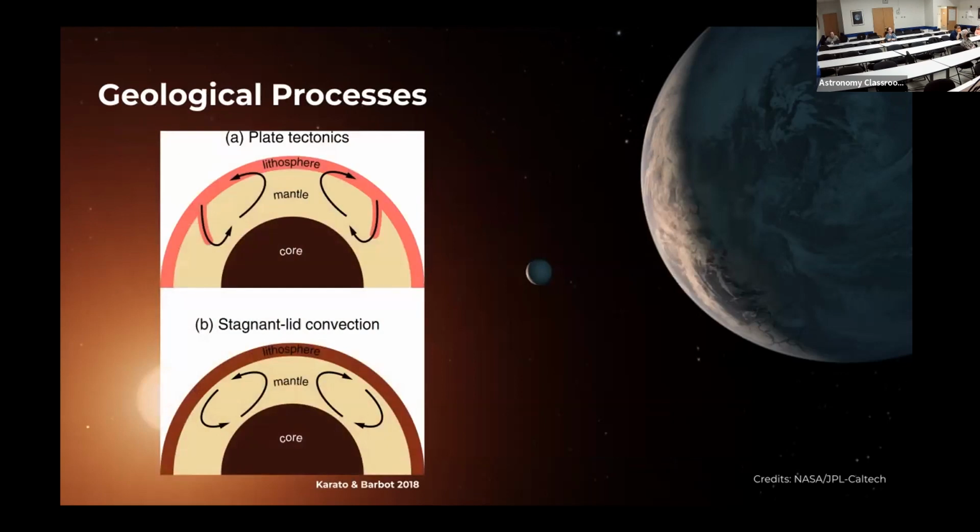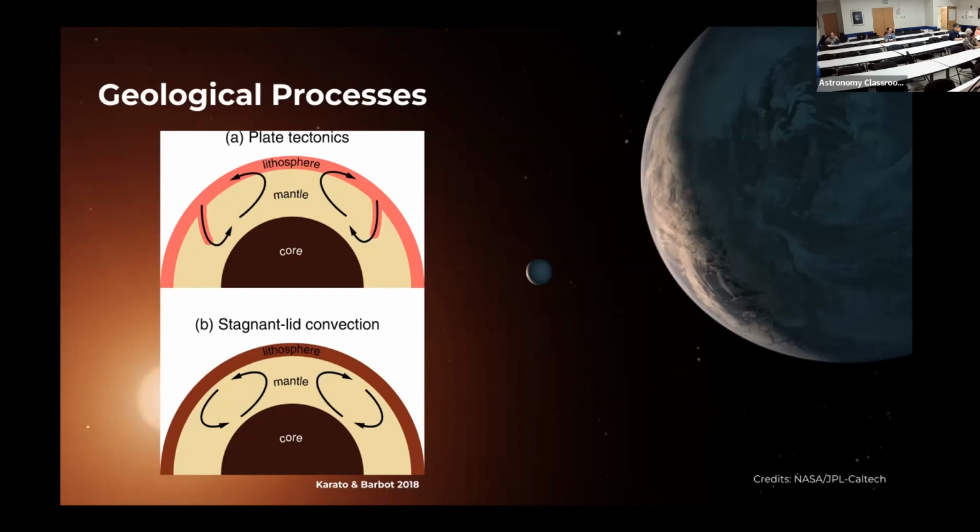Earth has plate tectonics, where you have core, mantle, and lithosphere, and as the mantle convects, the lithosphere and the crust actually subduct into the mantle and get recycled. But we see that other planets like Venus and Mars have what's called a stagnant lid tectonic mode, where you have a completely rigid lithosphere that doesn't move.